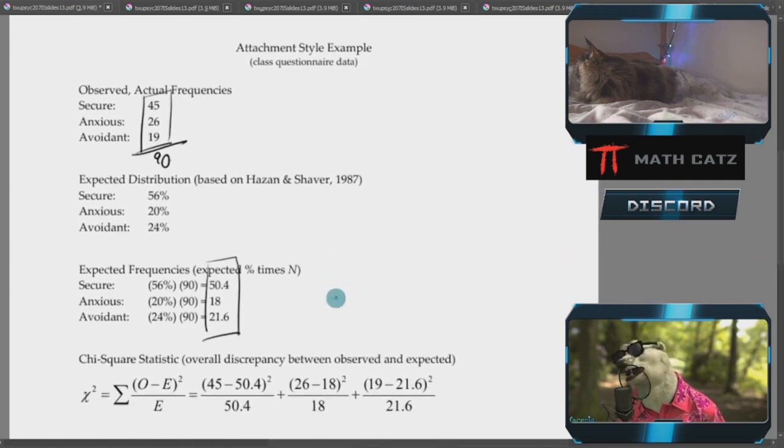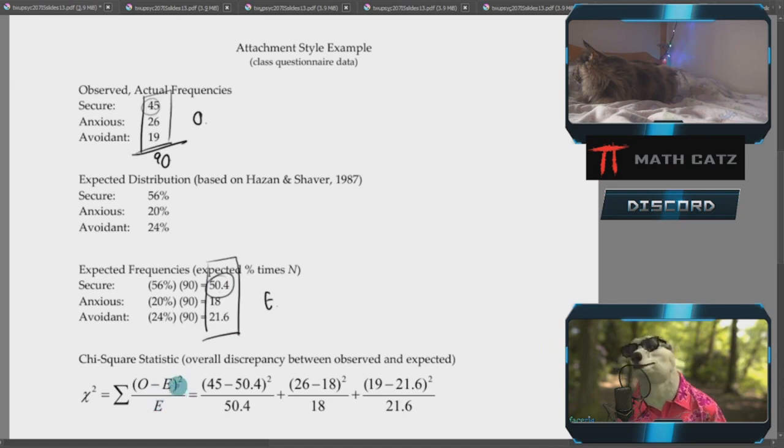The statistic that we're going to calculate is this chi-squared statistic. And what I'm going to do is, these are my observed numbers, and I'm going to compare that to the expected numbers by taking the difference of each, so the 45 versus the expected 50.4.